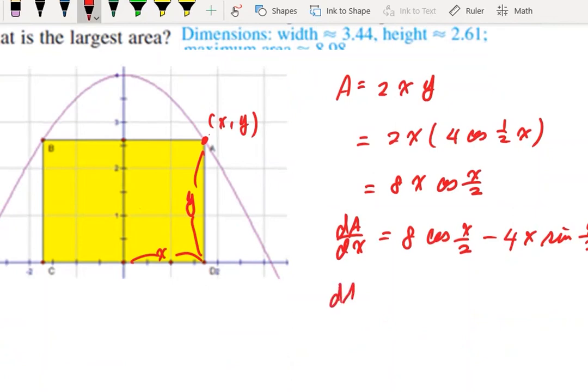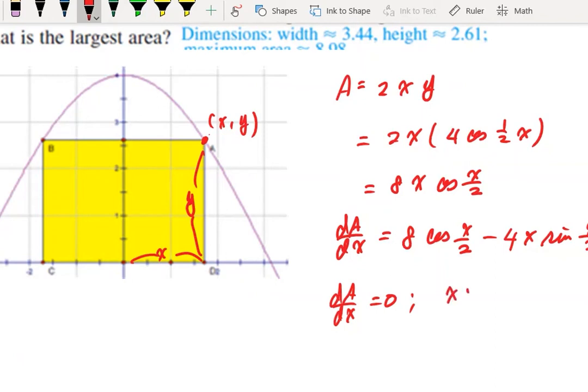Now we set that to 0. That means, now this is like, how do you solve this? You can't. Right? So doing it with a calculator.